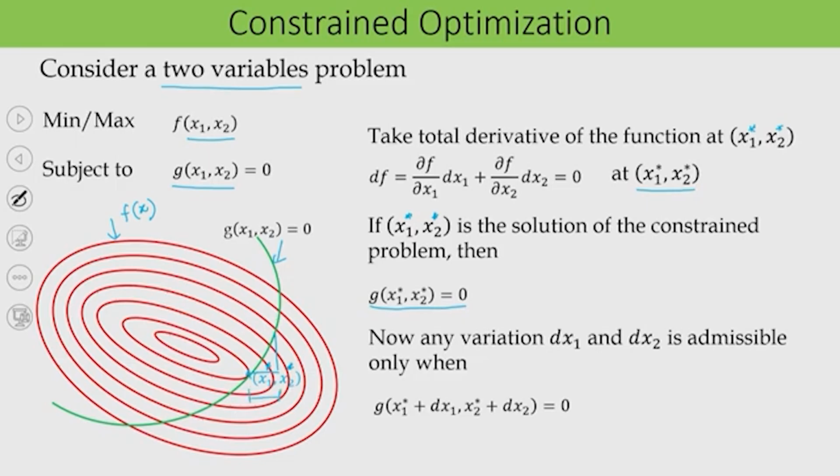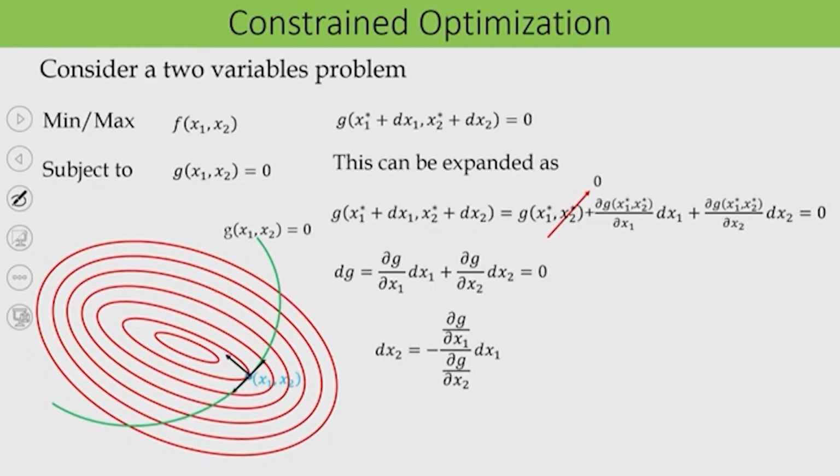Suppose if I go along dx1, so this is your dx1 and this is your dx2, then this variation will be admissible only when whatever new point you are getting, this is the new point I am getting, at that point the constraint value should be equal to 0. So, therefore, I can write that g(x1 star plus dx1, x2 star plus dx2) should be equal to 0.